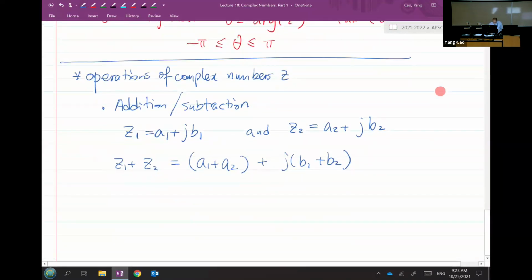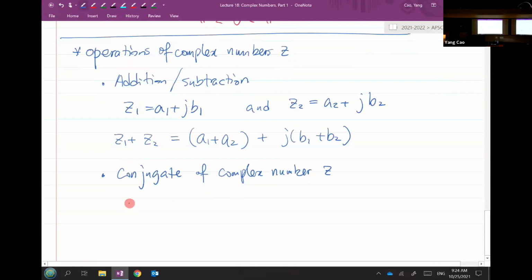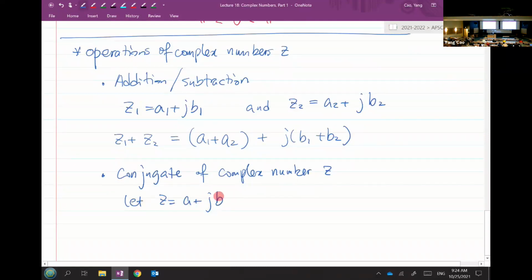We'll look at multiplication next, but before multiplication, there's another one, a unique one dedicated to complex numbers. It's called the conjugate of a complex number. So what is the conjugate? Let's start with a complex number z equal to a plus jb.